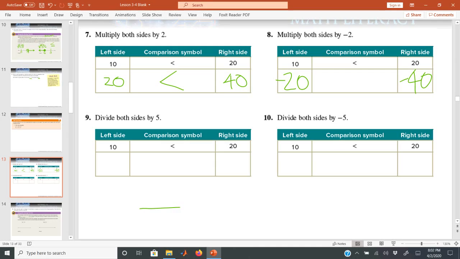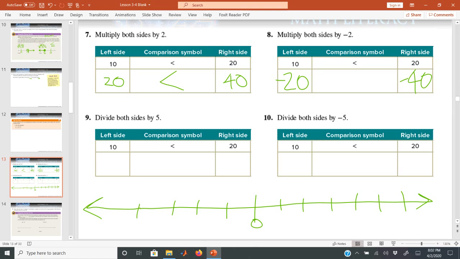And if I look at a number line, and I look at my negative 20 and negative 40, negative 40 is to the left of negative 20.